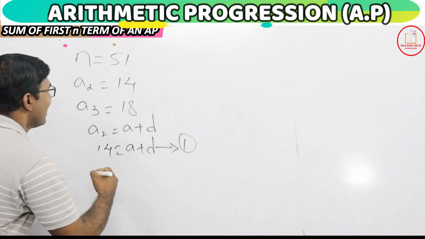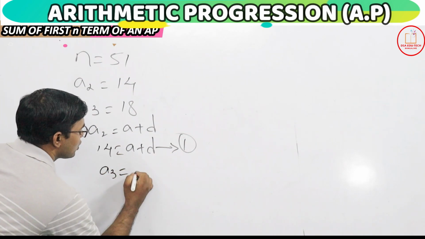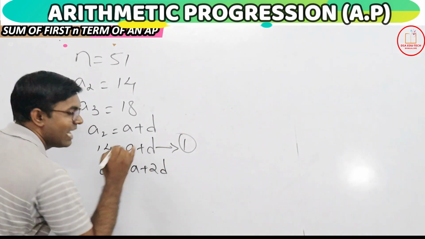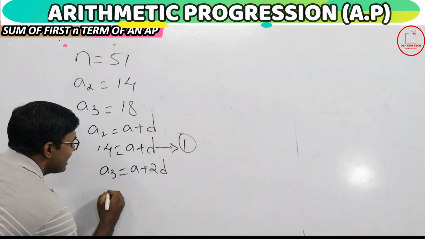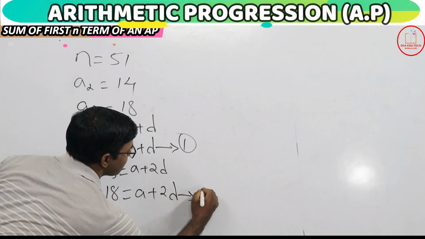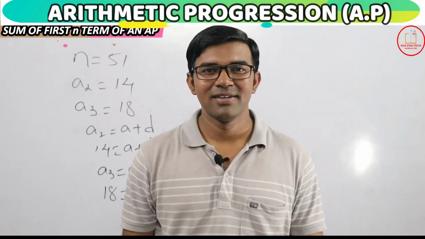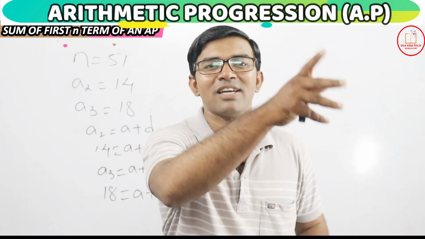Likewise I will write A3 is equal to A plus 2D. What is the value of A3? A3 value is 18. 18 is equal to A plus 2D. So this is my equation number 2.